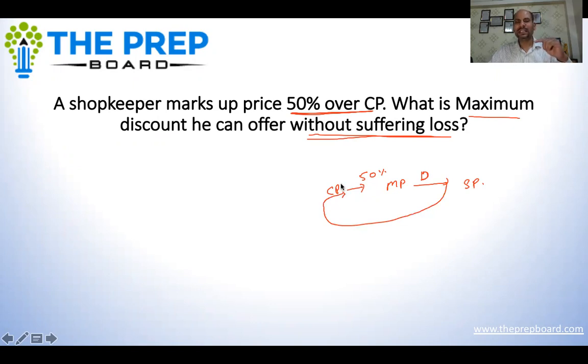So first he increased the price from CP to MP. Now he wants to restore the price from MP back to CP. For restoring, we can again use the formula. So you can say 50% is an increase, which is more. So we'll use 50 over 100 plus 50, multiplied by 100, which is again 50 by 150 or 1 by 3, 33.33%.